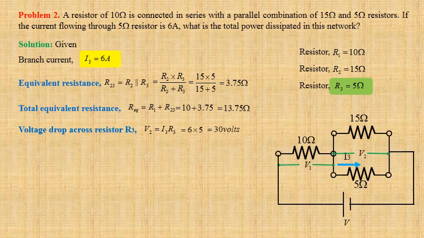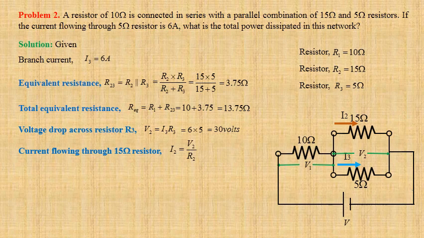Since resistors R2 and R3 are connected in parallel, the same voltage drop occurs across the resistor R2, which is equal to 15 ohm. Therefore, the current flowing through 15 ohm resistor I2 equals V2 divided by R2.